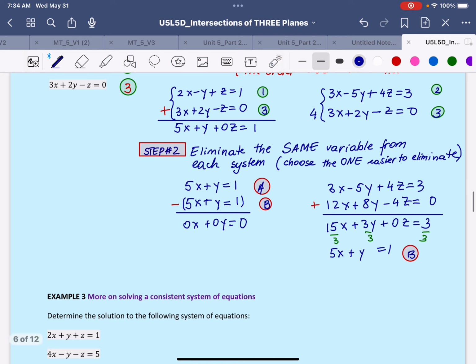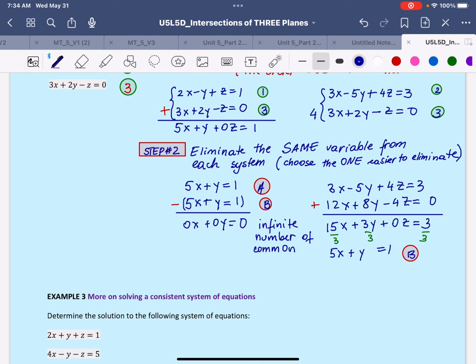It doesn't really matter what the x or the y value would be. This will be true for any real value of x, for any real value of y. So in this case, we draw the conclusion that there will be an infinite number of solutions, or an infinite number of common points, because we can find an infinite number of values of x and y that satisfy the equation.